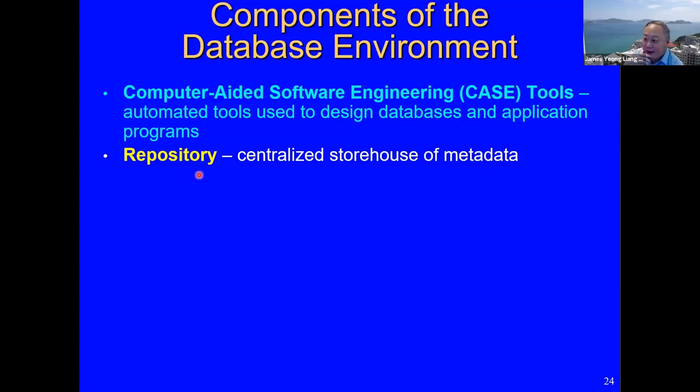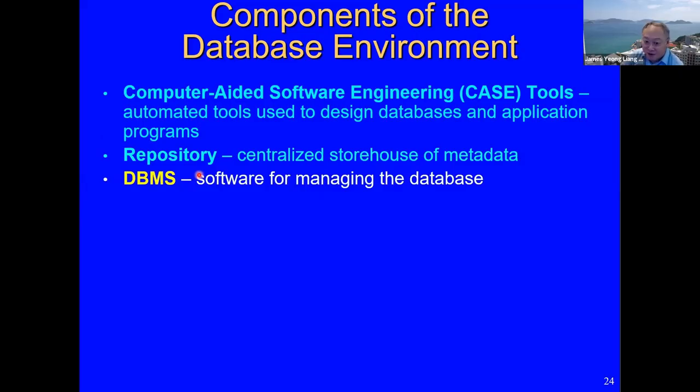So it's just a special name we call a database because it stores metadata instead of storing data, okay? DBMS, the software to manage the database itself. You see here, the database stores data. The database that stores metadata, we call it a repository. So we just give it a different name, that's all, but it is still a database, okay?